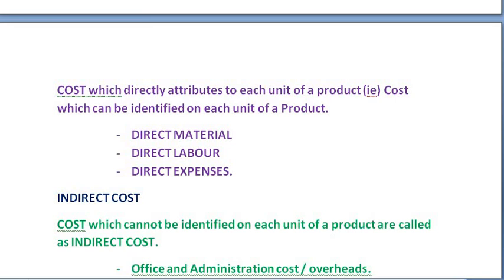He works continuously and may be expert in that particular job. Without the labor we can't carry out the manufacture of a product. So he is directly involved in manufacturing. That's why you can call it direct labor, or direct expenses.